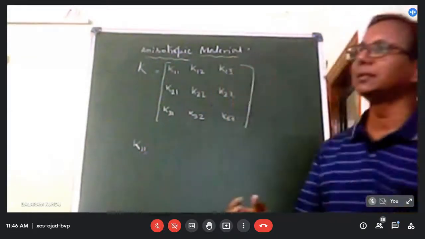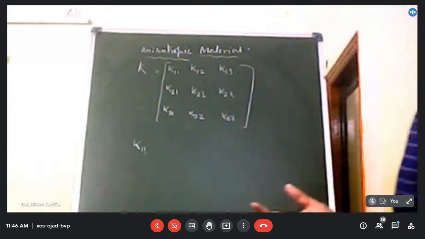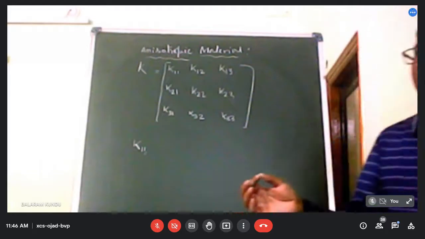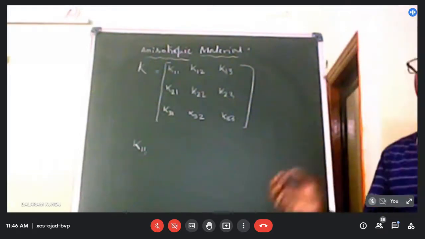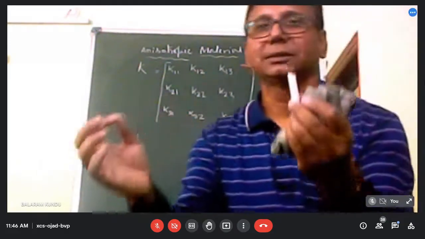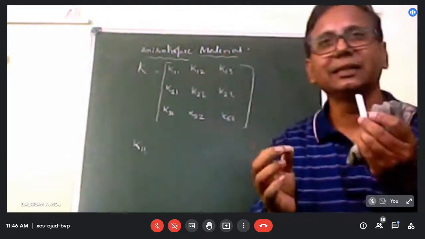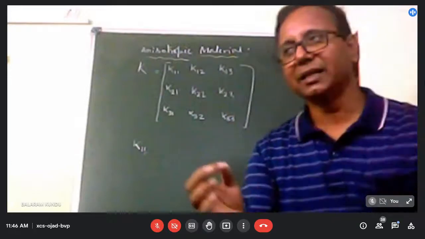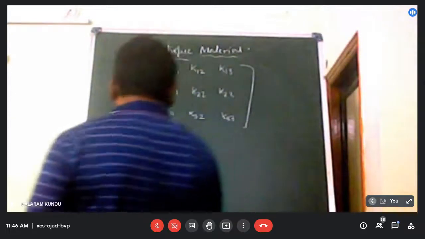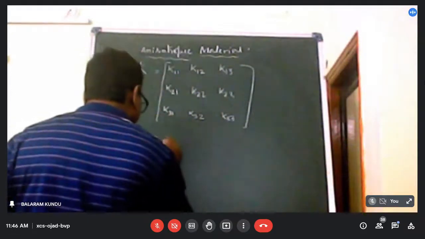If 1 equals x, then the temperature gradient is del T by del x. If we multiply by this temperature gradient, you will get the heat flux, which is acting in the x direction. So K11 into del T del x.